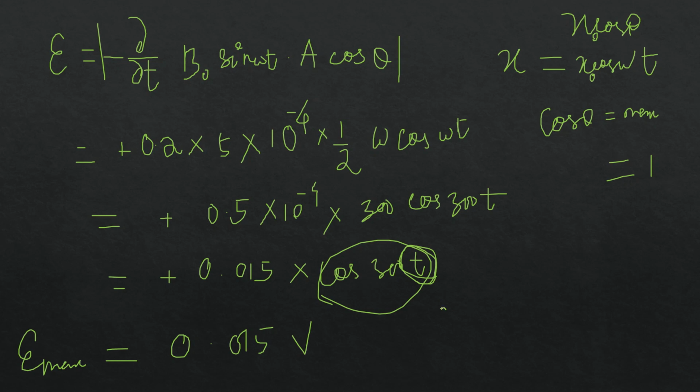That means 0.015 into cos 300 into pi by 900.